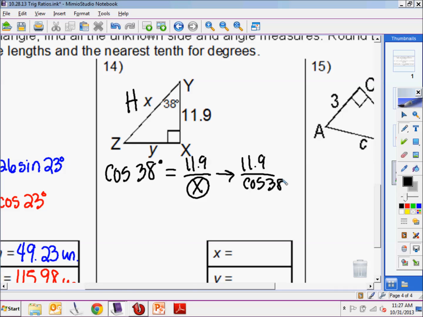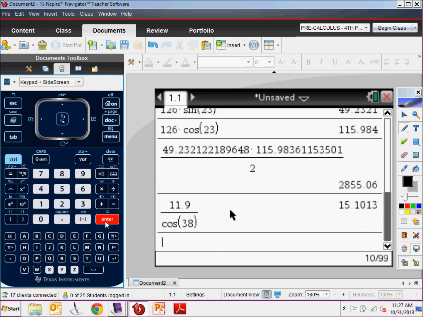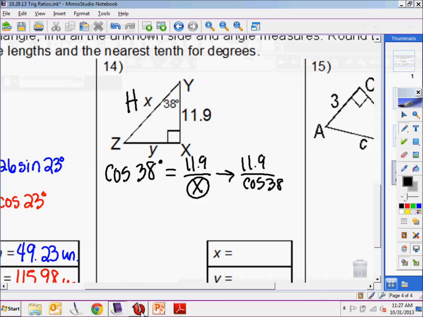So I go to the calculator and put in 11.9 divided by the cosine of 38, and I get 15.2. It said to the nearest hundredth.